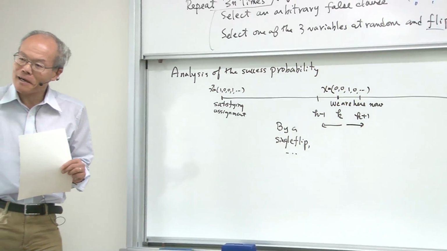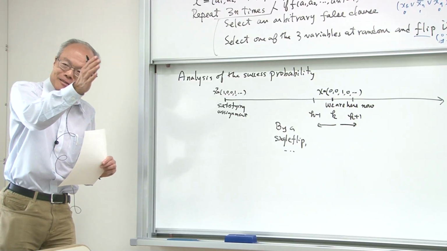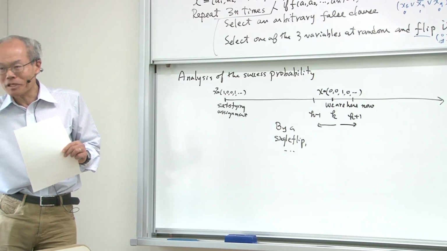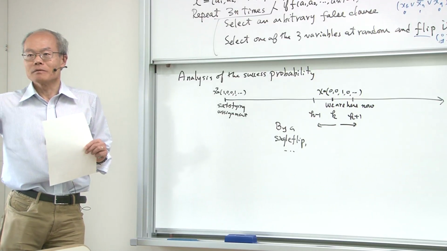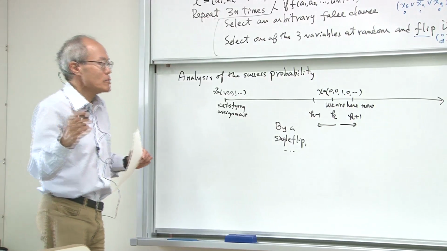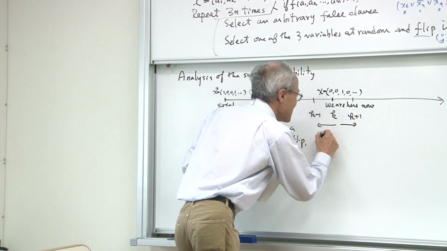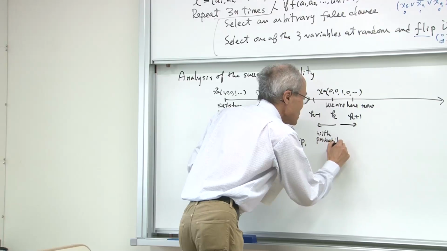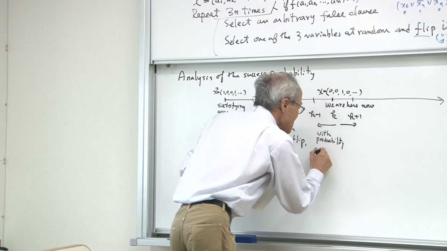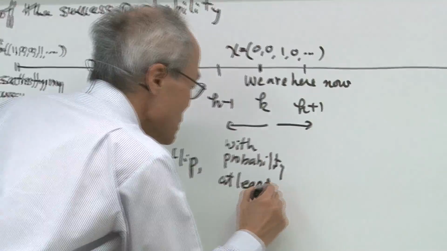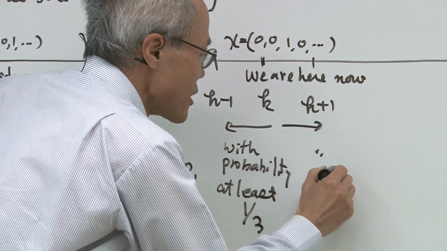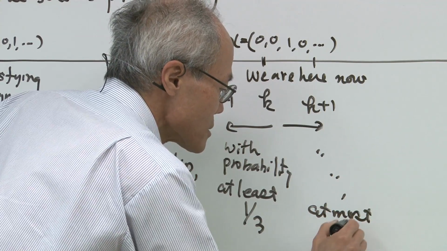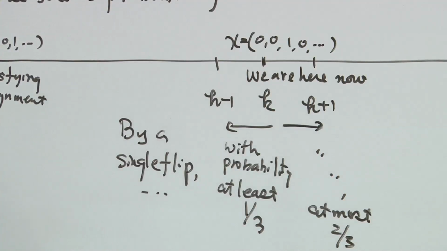You can approach the final goal by 1 bit, with probability at least 1/3, or you can go in the opposite direction by 1 bit, with probability at most 2/3. This is important. This is really important.